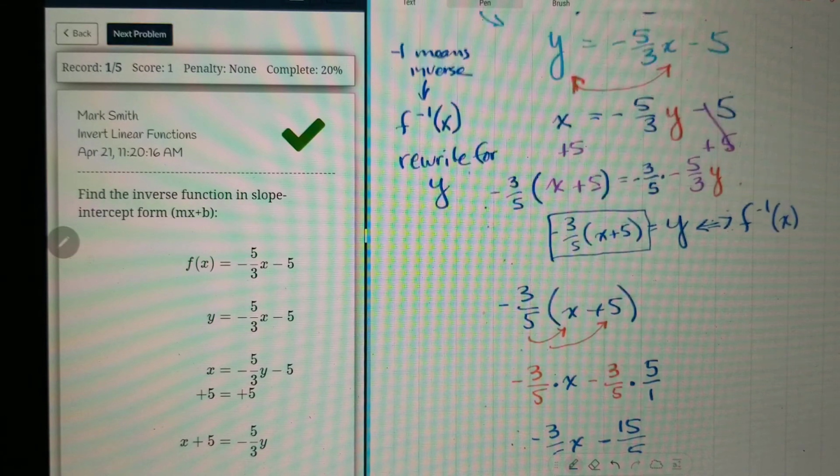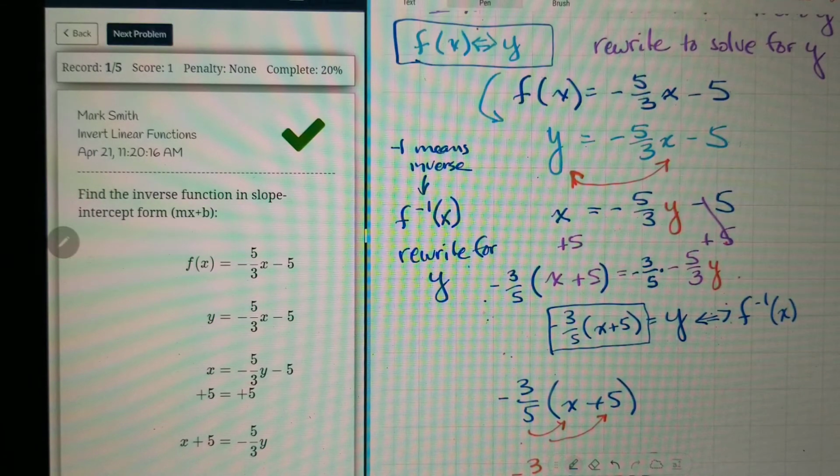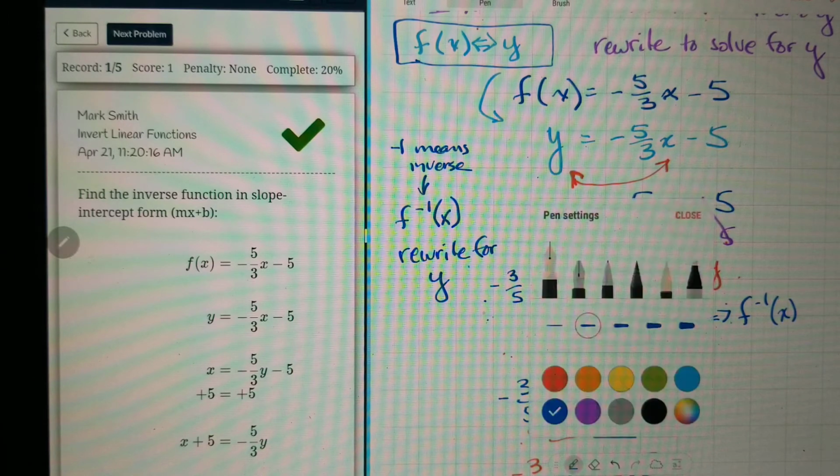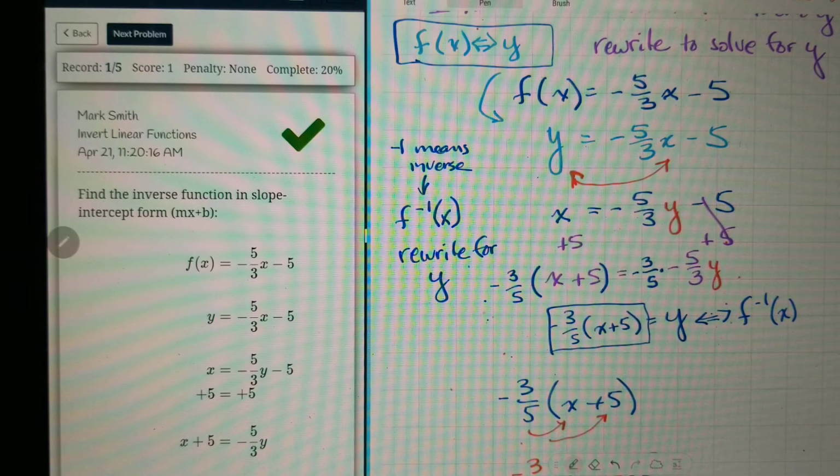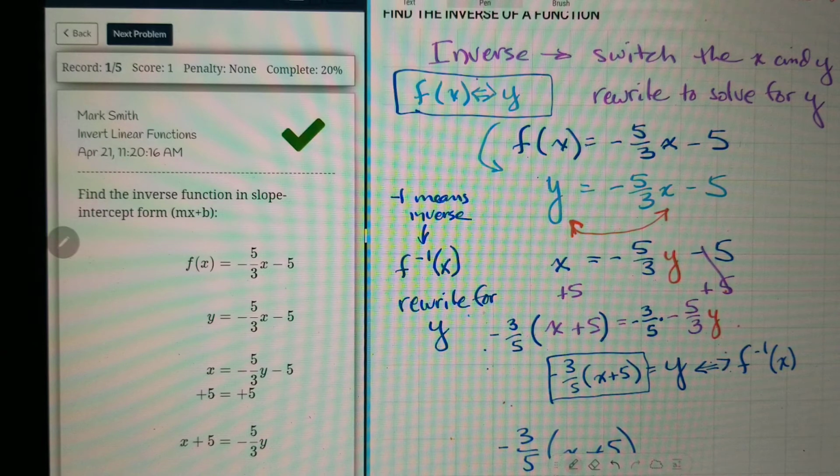All right, so let's look at our answers, our steps, what we did here, and then we'll go back and do another one. The first thing we did was change f of x to y. That's not really a step, but we'll call it step 1. Step 2 was switch.